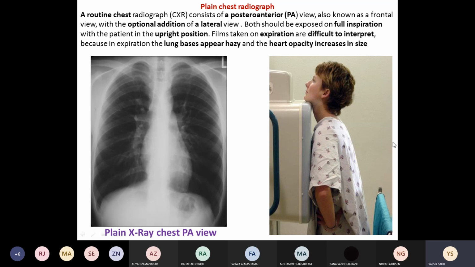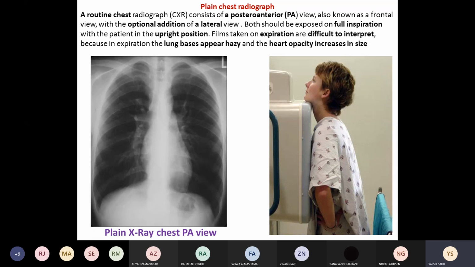The X-ray beam or X-ray photon comes from posterior, enters the back of the patient, exits anteriorly and then reaches the film, which is located anterior to the patient. So when the X-ray photon traverses the patient from posterior to anterior, this is called posterior anterior view. Routinely chest X-ray is done in PA view, not AP view.